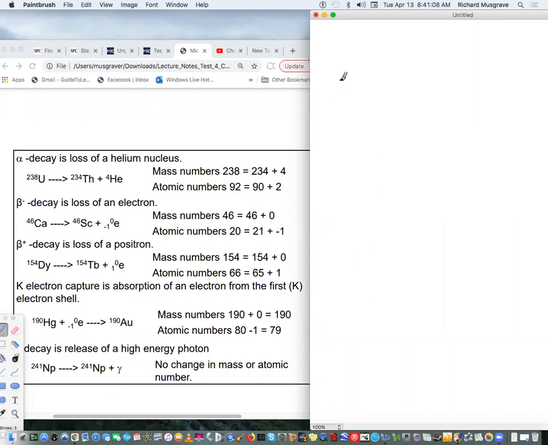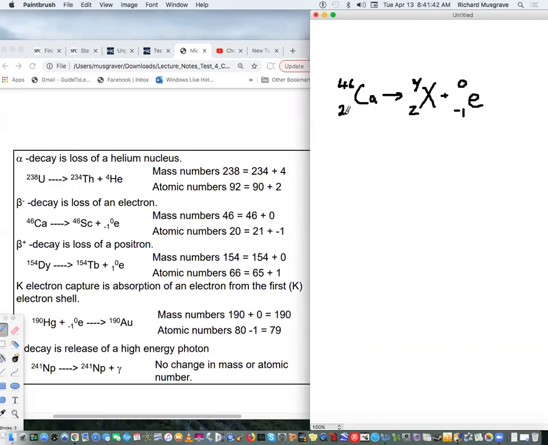We've got calcium 46, and we know that it decays by loss of an electron. So let's see what an electron is. An electron has the symbol E. The mass of an electron is essentially 0, and the charge on an electron is -1. So that's where the -1 comes into play.